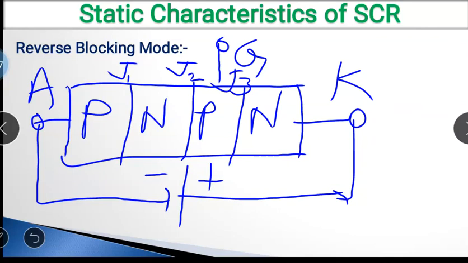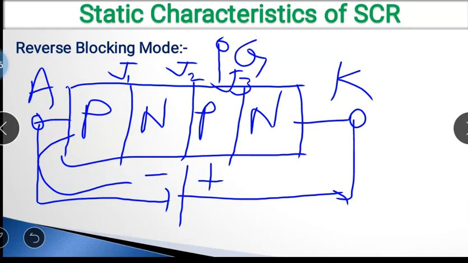How is it? You can see in this diagram this point is connected to negative polarity, and this point is connected to positive polarity. Okay, so for that you know that this is in reverse bias, because for forward bias we require the anode to be connected to the positive terminal and the cathode to the negative terminal. If the anode is connected to the negative terminal and the cathode to the positive terminal, this type of biasing is called reverse biasing.